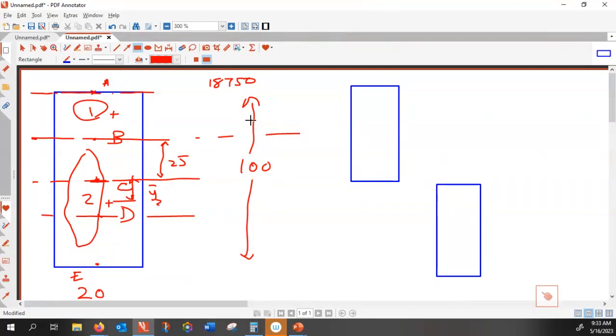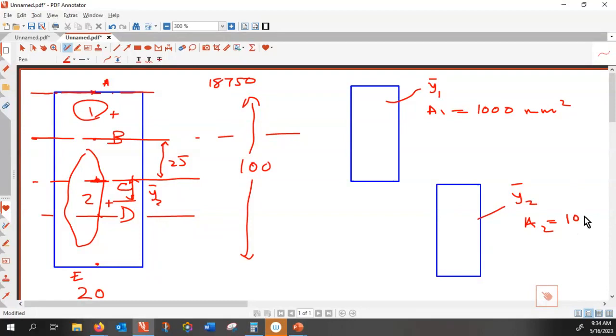So these are two equal pieces, A1, A2. So for this one, Y bar 1 and A1. For this one, Y bar 2 and A2. So A1 is just 1000, and the same here.